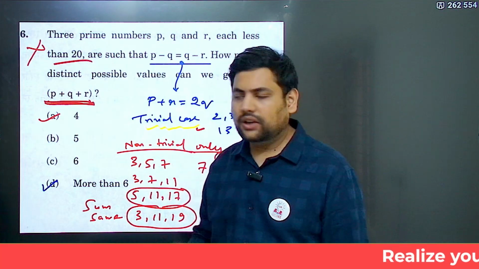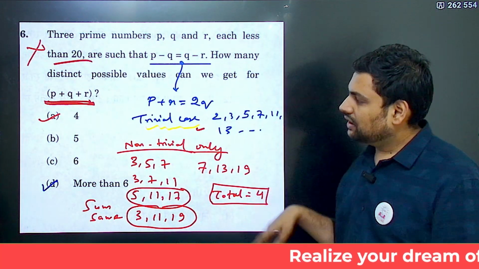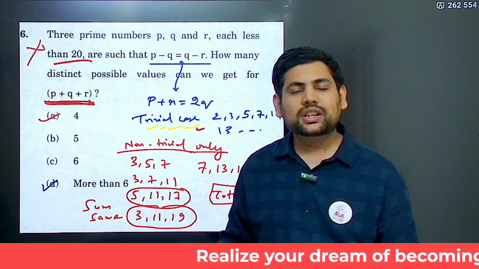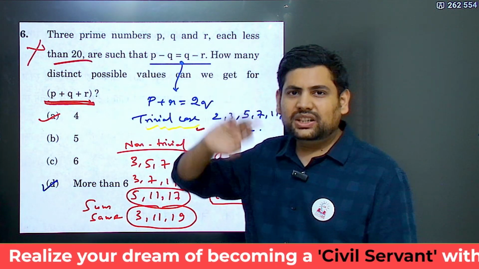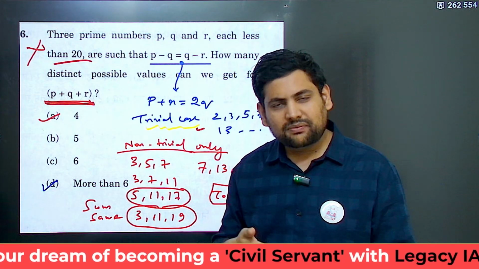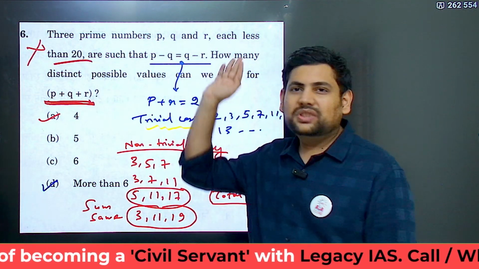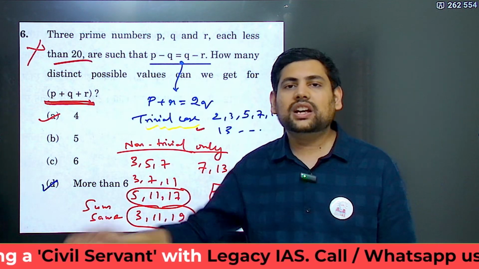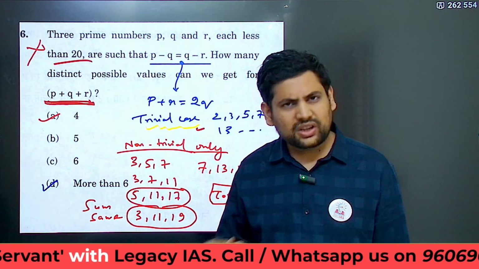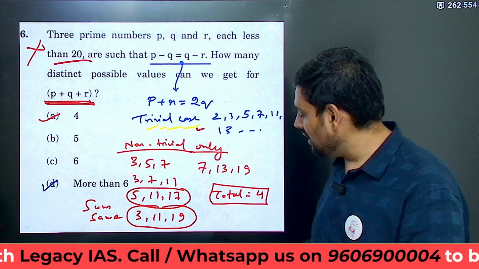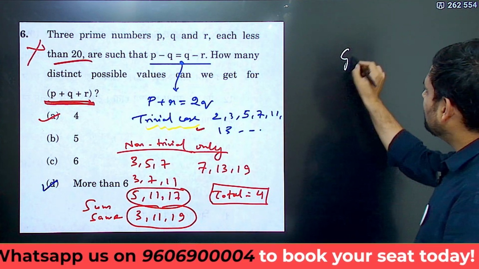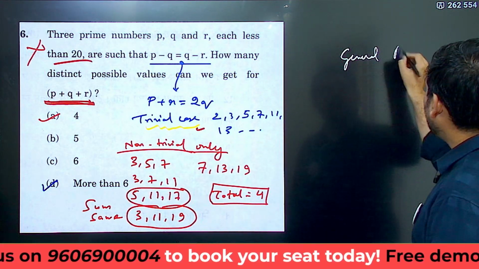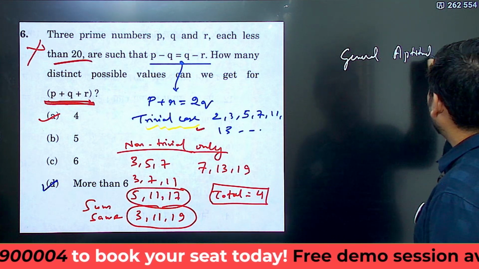Now, this is what UPSC usually used to consider. If they give a statement like this, they usually consider basic assumptions, like if they are using different variables, then these are distinct numbers. These are very basic assumptions generally taken in these aptitude exams.